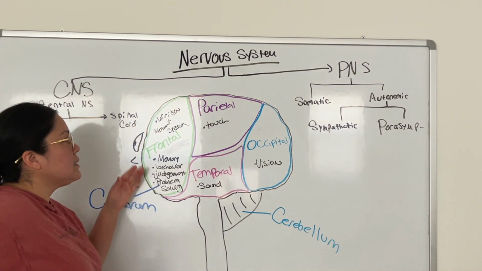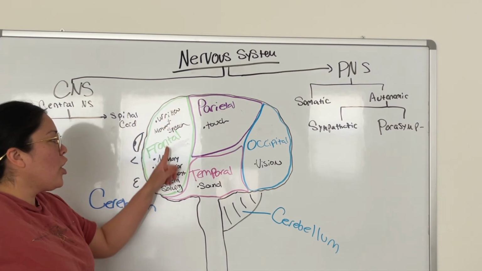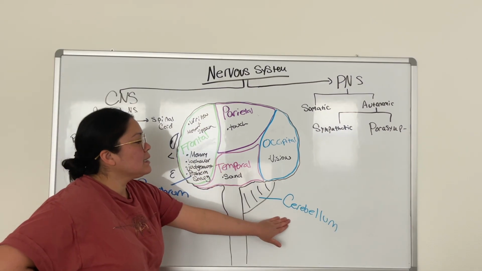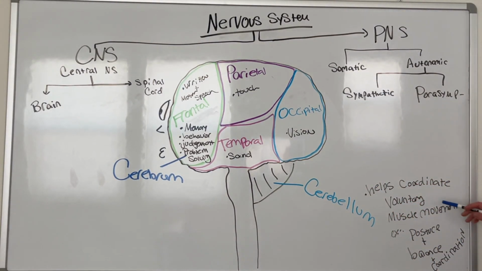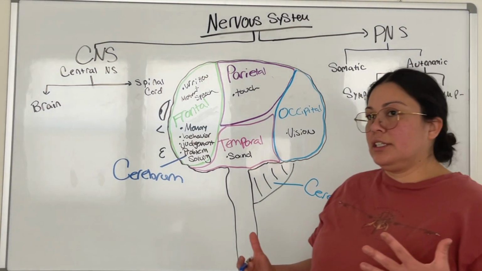I do suggest that for frontal lobe, you remember all of these, okay? Lastly, we've got cerebellum. So your cerebellum helps coordinate voluntary muscle movement. Some examples are, of course, generally your posture, your balance, and generally your coordination, okay?